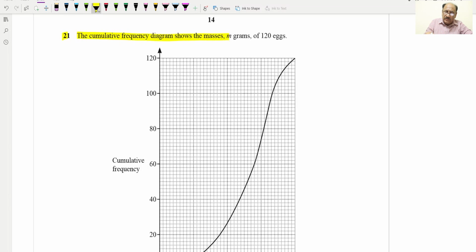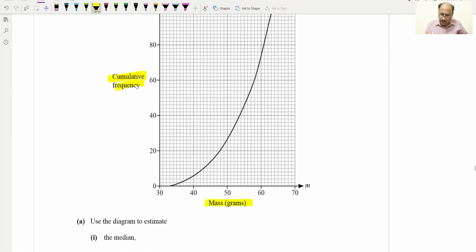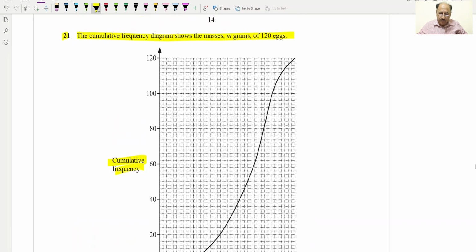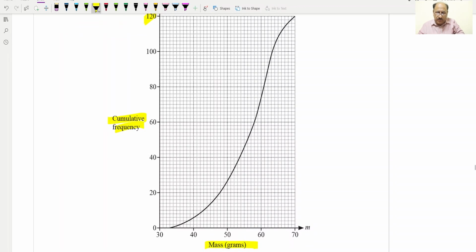The cumulative frequency diagram shows the masses m grams of 120 eggs, and this is cumulative frequency on this side and mass in grams in this side, and use the drawing diagram to estimate the median. Median will be what? Median will be the middle value, and middle of 120, we will take half of 120 will be 60.